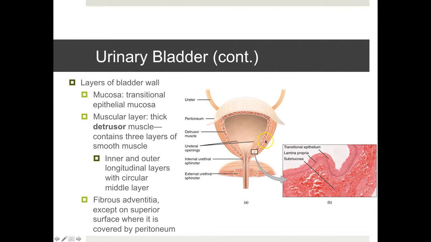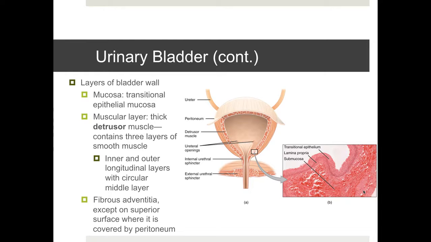So to talk about some histology of our urinary bladder, we have almost the same layers as our ureters here. So the innermost layer is going to be our mucosa, which will have transitional epithelial mucosa. And then we have our muscular layer further back in here, which is going to be made up of a very thick detrusor muscle.